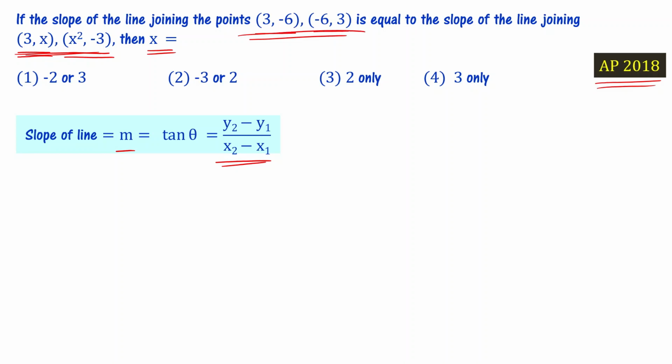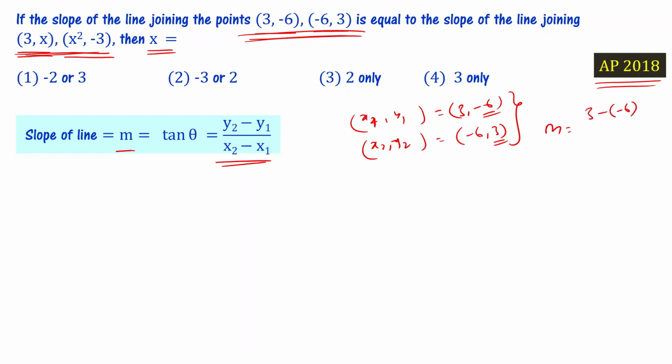So first take this pair, (x1, y1) equal to (3, -6) and (x2, y2) equal to (-6, 3). For these two, the slope is m equal to y2 minus y1, that is 3 minus -6, divided by x2, that is -6, minus x1, that is 3.